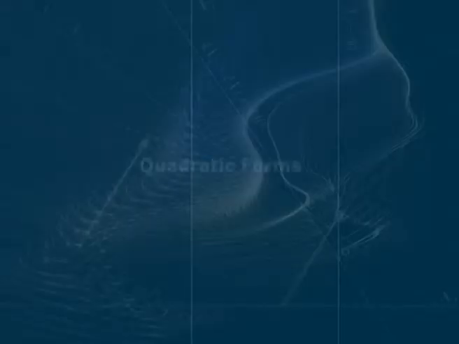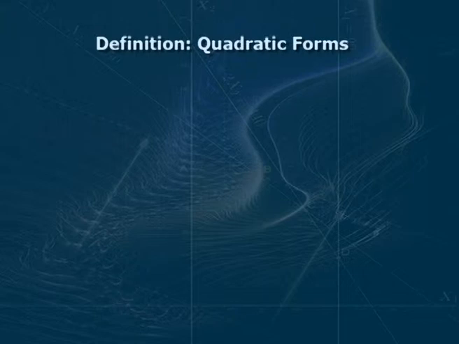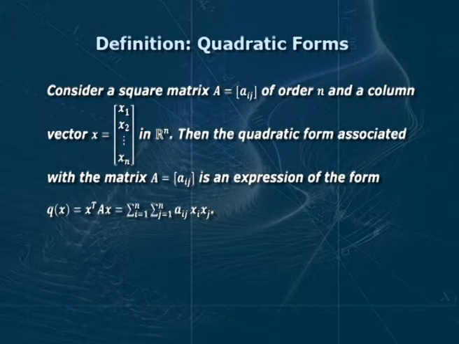Let us now discuss the role of eigenvalues in the study of quadratic forms. Definition: quadratic forms. Consider a square matrix A = (aij) of order n and a column vector x = (x1, x2, and so on up to xn) in Rn.